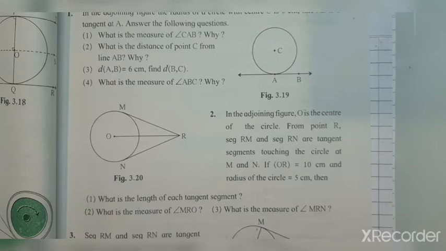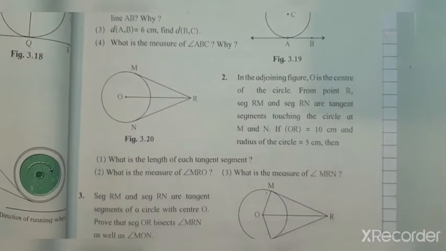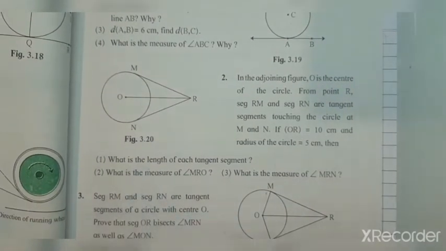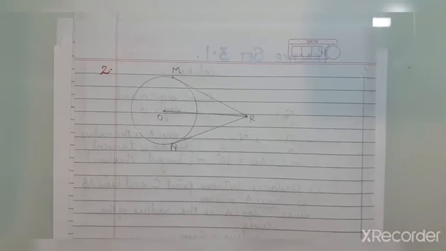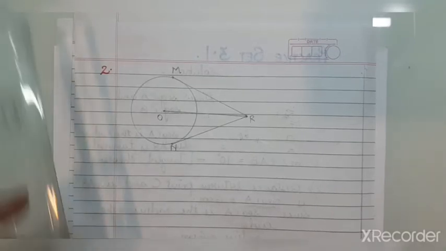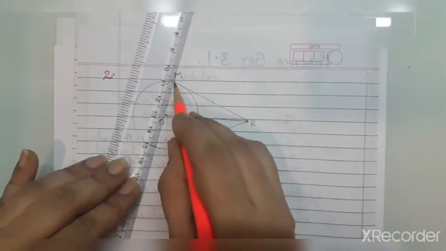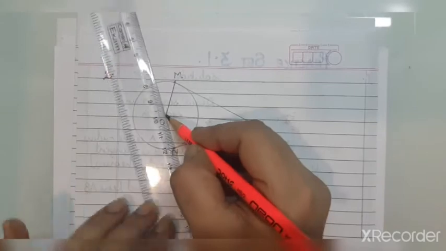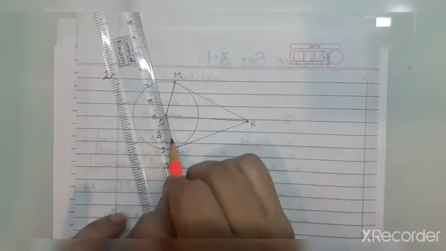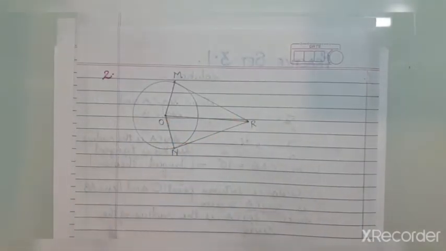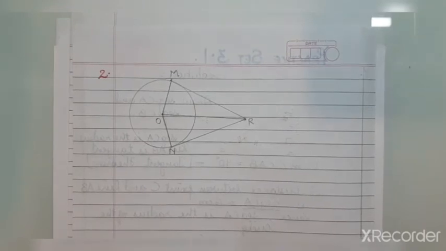So let's see how we solve this and what is asked in questions 1 and 2. Now we come to the question. The figure is drawn. Before we begin, we will first join OM and ON, because OM and ON are the radii of the circle, and we will need them while solving the sum.